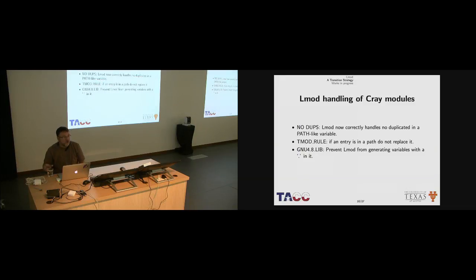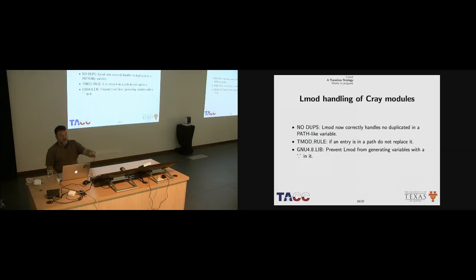Let's say your initial path on the system has /usr/local/bin in it, and then you have a module that also puts /usr/local/bin in it. If that module gets unloaded, there are two choices: either it removes one copy, so there's one version of /usr/local/bin in your path, or there are two.